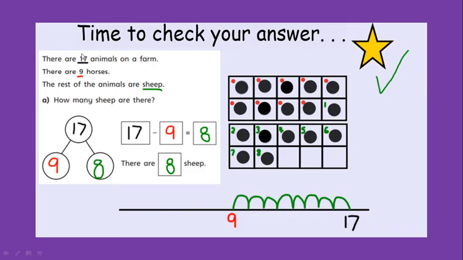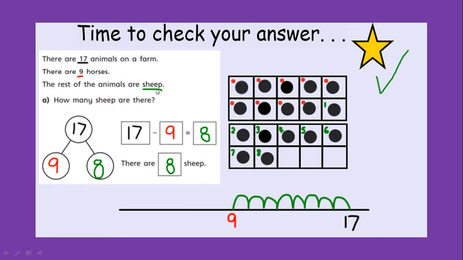Okay then, so there are 17 animals on the farm and I've used black to demonstrate all of the animals on the farm. Now I've written 17 here and I've coloured in 17 spots on my tens frame. There are 9 horses, so I've put my 9 as one of my parts and I've coloured in my 9 on the tens frame.